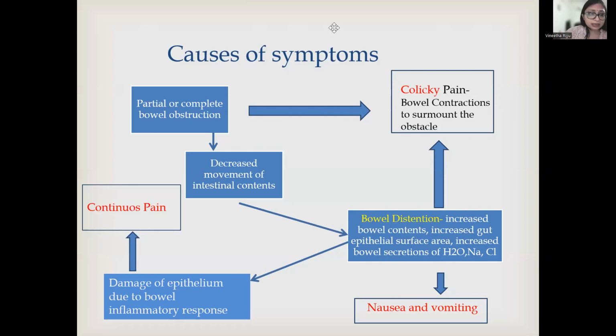Now, this particularly happens for lower GI obstruction, where you can have feculent vomitus.